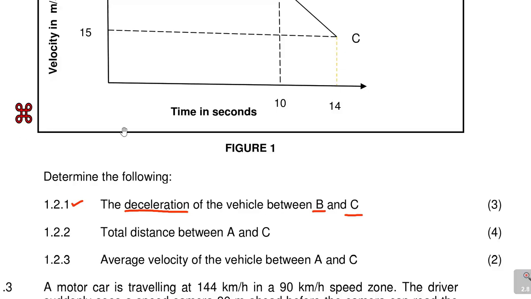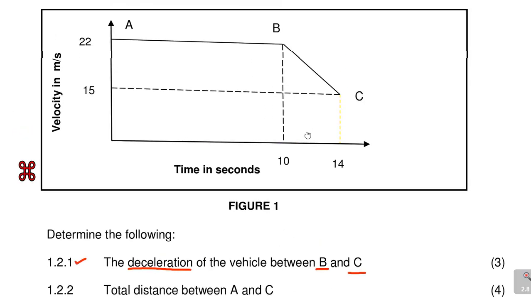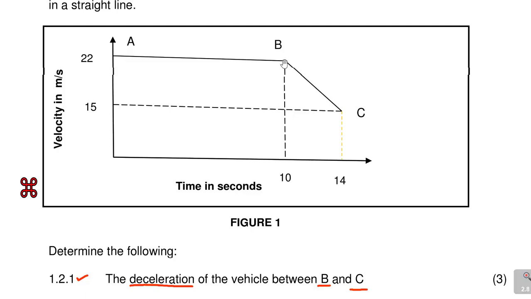So the deceleration, or the acceleration in the negative, otherwise means the object is slowing down between B and C. So this is from here to there. If I can mark it with my marker, they want the deceleration between B and C. So we can actually look at that.